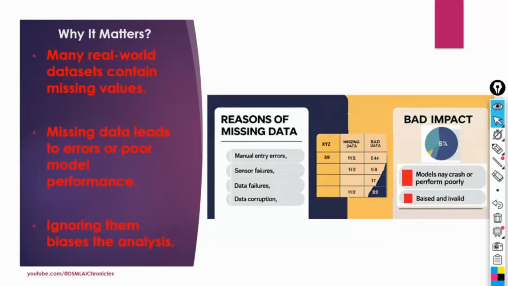There are n number of reasons behind this: manual entry errors, sensor failures, data corruption, data failures. So if we fit our data set with these missing values to our machine learning model, then it will lead to a poor performance of our model, it will give biased results and it will have a bad impact on our output results.